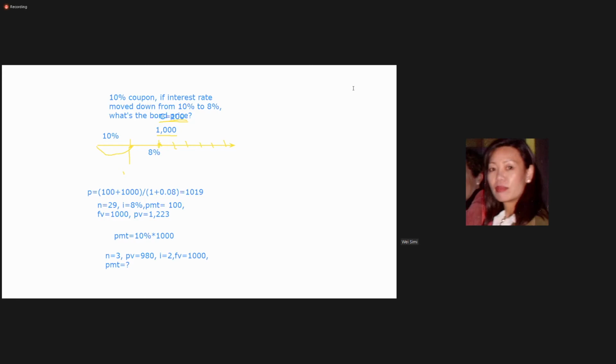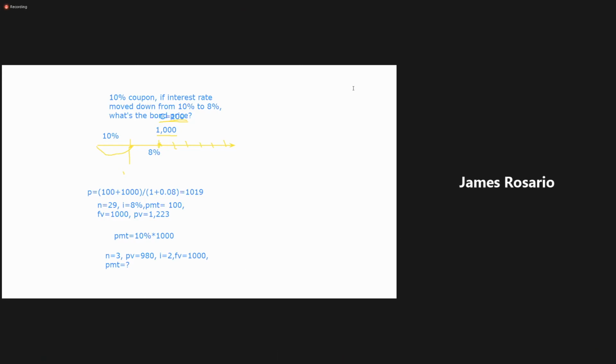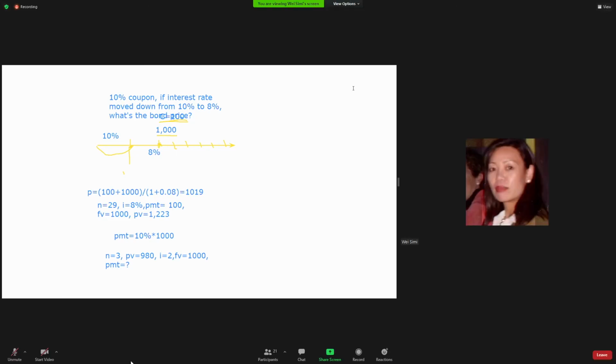The ID number is on the Blackboard announcement. I think it is something like 4330. Look at it, it's there on the Blackboard announcement.